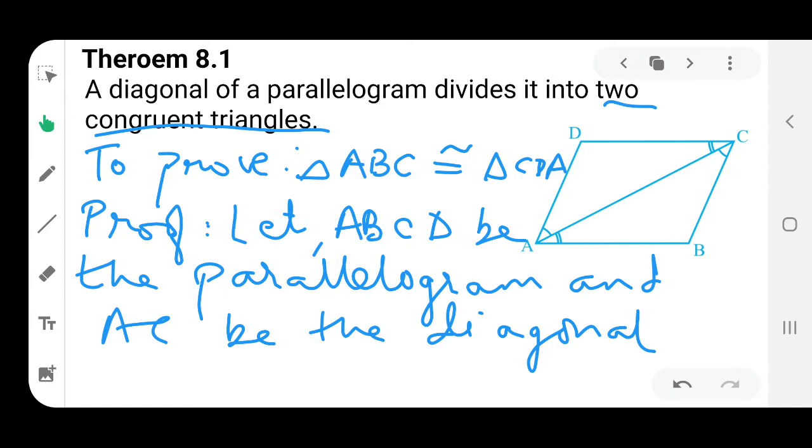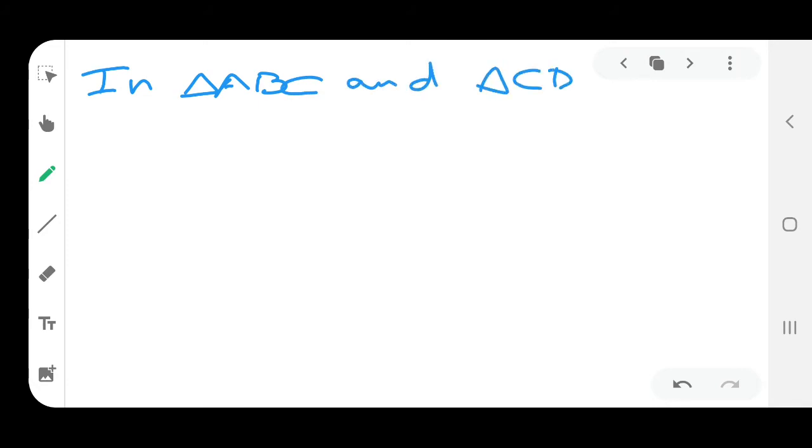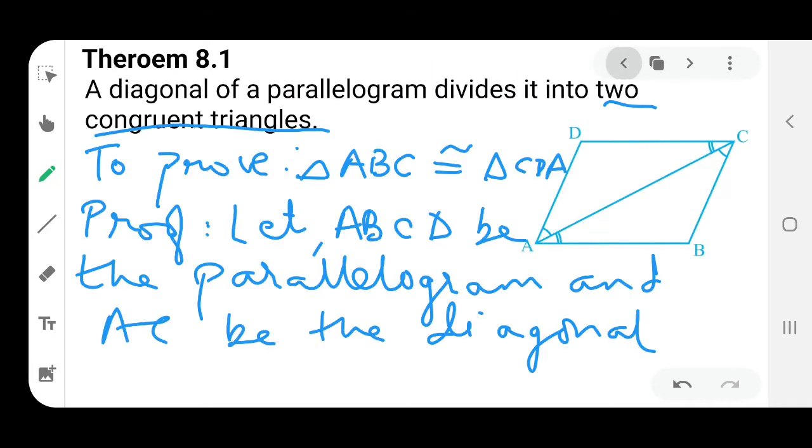Now let's prove it. In both the triangles that we have to prove, triangle ABC and triangle CDA, we can see that BC and AD are parallel to each other, and AC is called the transversal because it is passing through both these parallel lines.